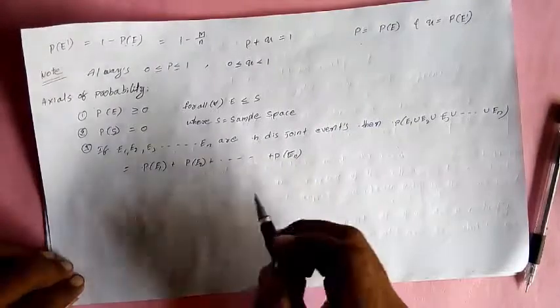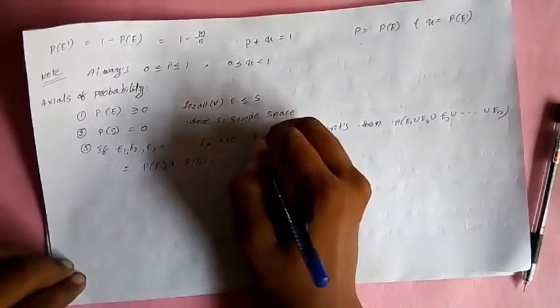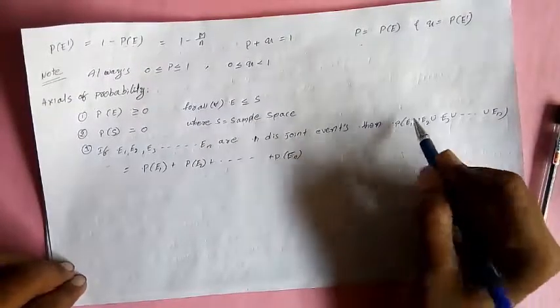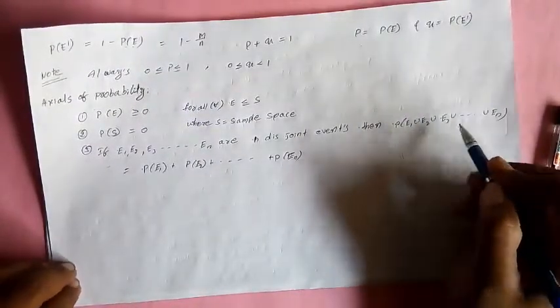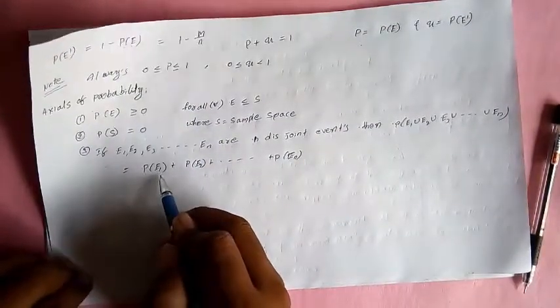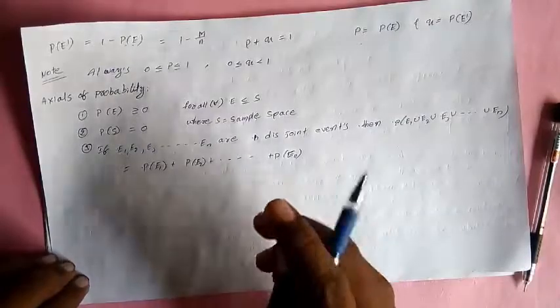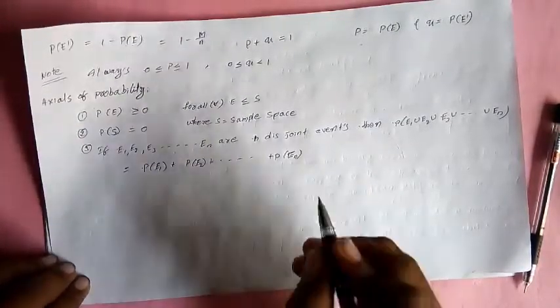That is, if E1, E2, E3 and so on are n distinct disjoint events, then P of E1 union E2 union E3 and so on union En is equal to P of E1 plus P of E2 plus and so on P of En. This is the formula.